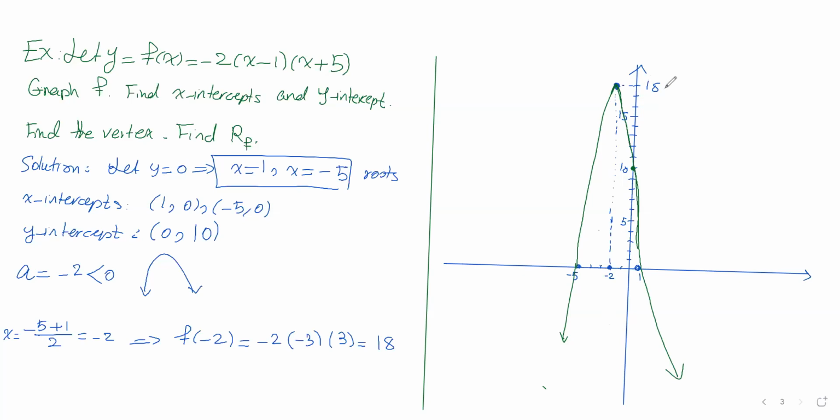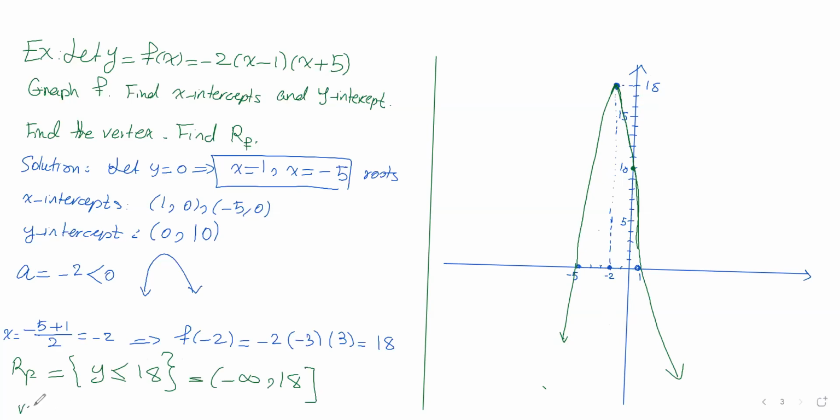Anyway, this is the function. The vertex is given now, so the range is very easy to see. The range is -infinity and 18. Oops, why did I write it like this? The range is y less than or equal to 18, which means it is from -infinity to 18.